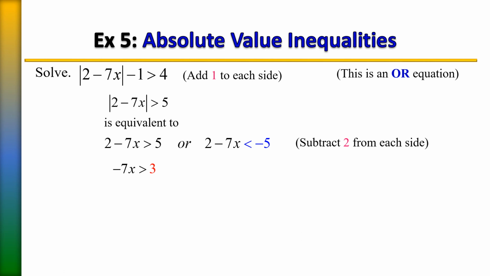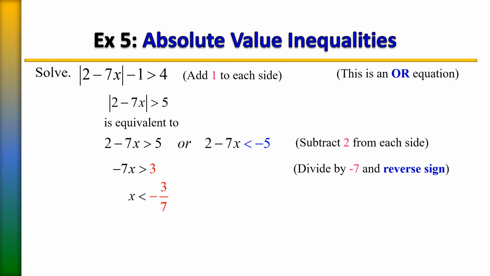So what you're going to wind up having then is -7x is less than 3 instead of greater than 3. We also need to divide that by that -7. So what we have as our final answer there for the first equation is x is less than -3/7. Again, we changed the symbol direction because we divided by a -7.